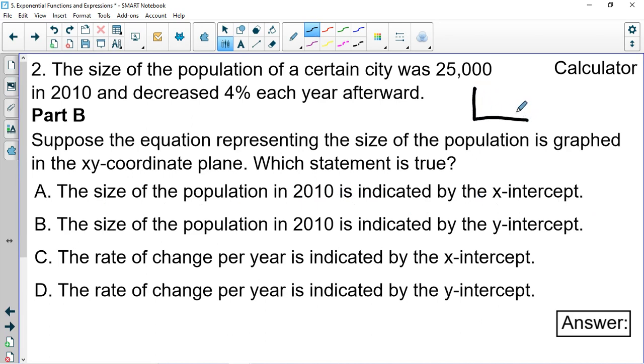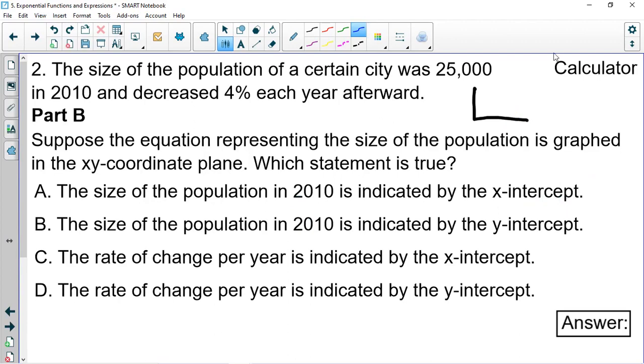If we have a graph, the x-intercept is going to be somewhere on the x-axis. I'm just going to pick one. Well, this doesn't make any sense because the x-intercept is when the y value, essentially the population at this point, would be 0. So since the x-intercept is when the population is going to be 0, we know that's not going to be the population in 2010, so A is not a choice we want to pick.